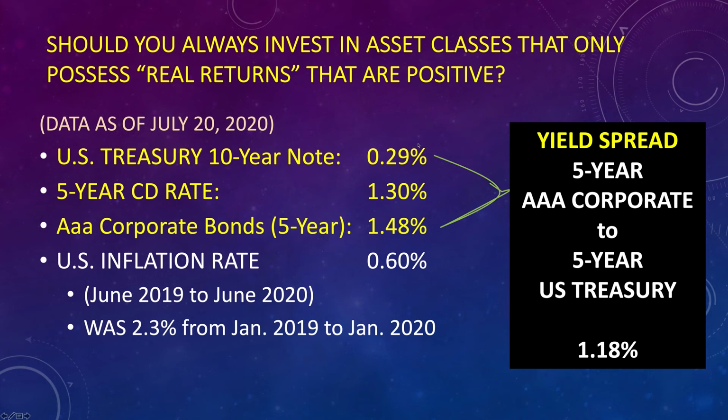The 10-year Treasury note was actually 0.59%, not 0.29%, but it's down to 0.54. AAA rated corporate bonds, 1.48%. The inflation rate over the last year was 0.60%, so it was higher than the 10-year Treasury rate, higher than the U.S. Treasury one-year rate, which is less than 0.2%.